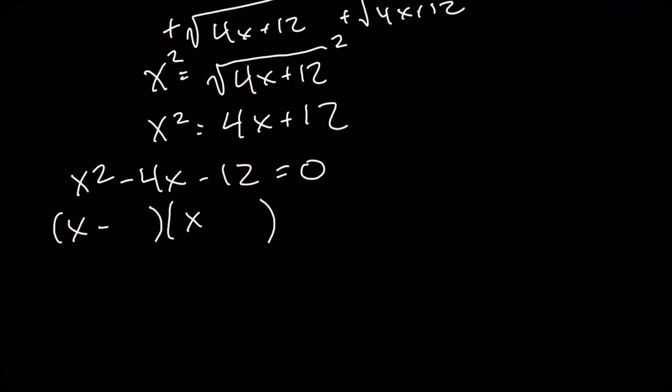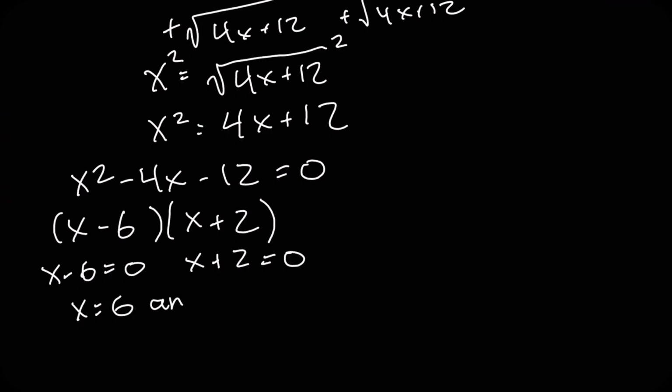This will be a negative 6 and a positive 2. And then we can have our two proposed solutions. So x minus 6 is equal to 0, and x plus 2 is equal to 0, or x equals 6, and x is equal to negative 2.